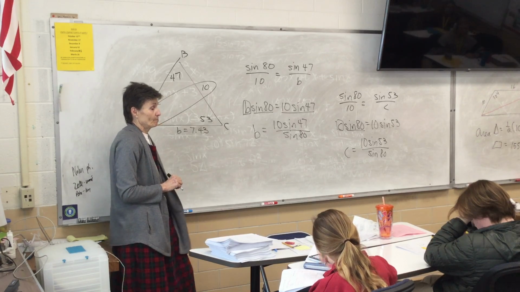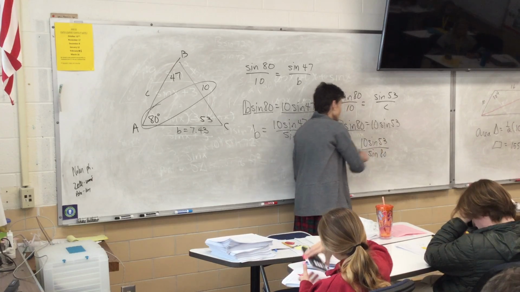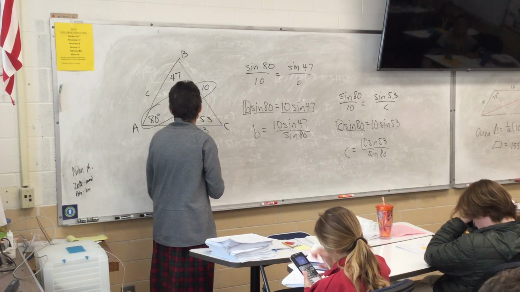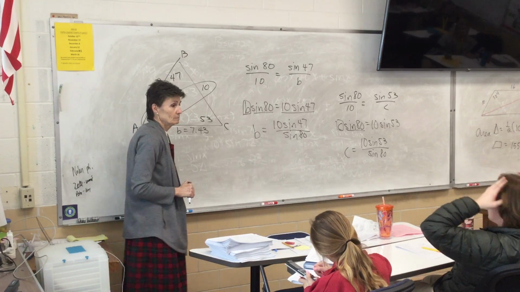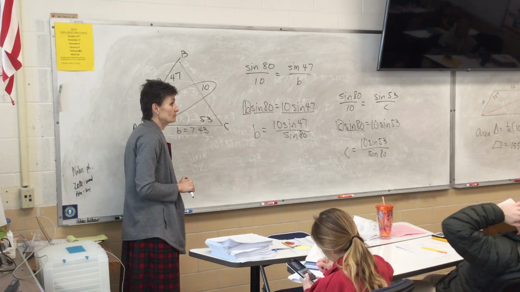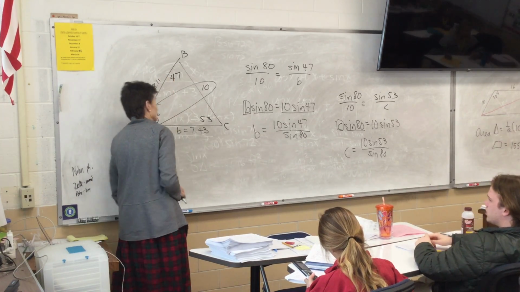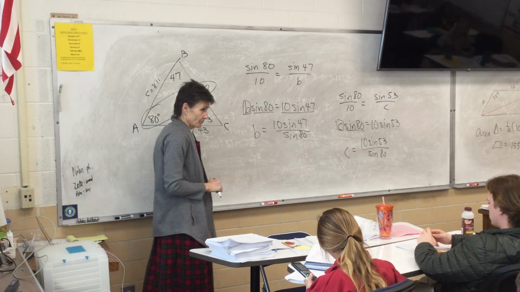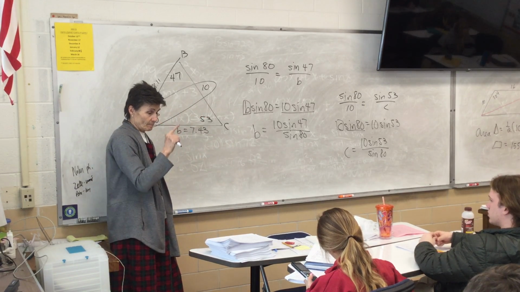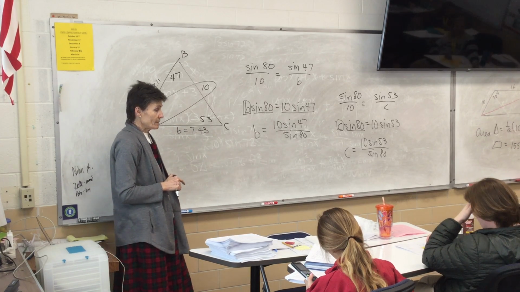That's B. And then 10 sine 53, close parentheses, divided by sine 80 is 8.10. I put 8.11. Oh, I just didn't round that. Directions on the test will be the same as on the practice test. So we're rounding to the nearest hundredth.